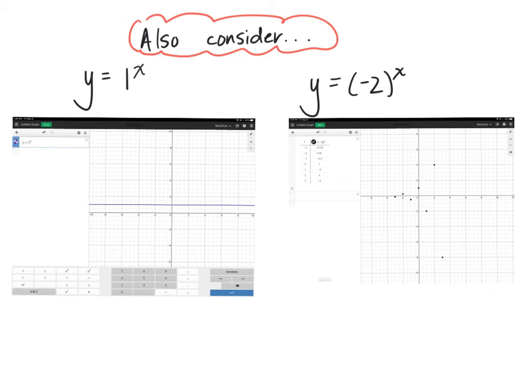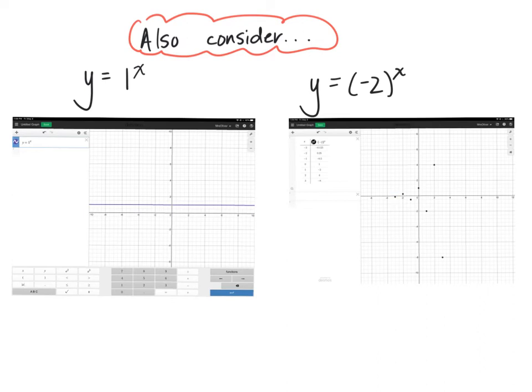If you consider when you have a negative base and an odd exponent, so if that were to be a 1, it would be -2 to the 1, which is -2. But as soon as I make this exponent into an even value, such as 2, I'm going to get -2 squared, which is going to be a positive value, or 4.